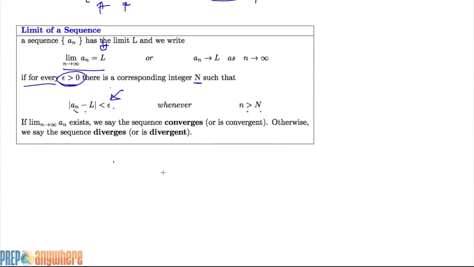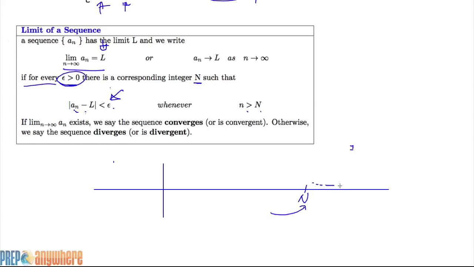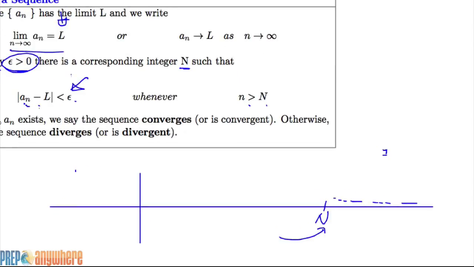Okay, what that means is it's converging provided that no matter how small the epsilon we pick, we can pick an n so that beyond this point the difference between the sequence and L is small.